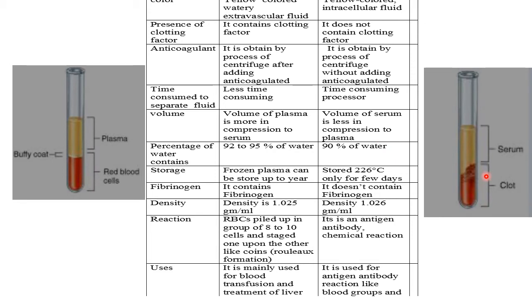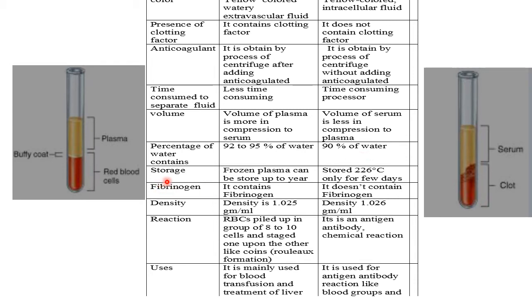Now the next difference is the percentage of water it contains. Plasma contains more water, that is 90 to 95%, and serum contains less water, that is 90%.